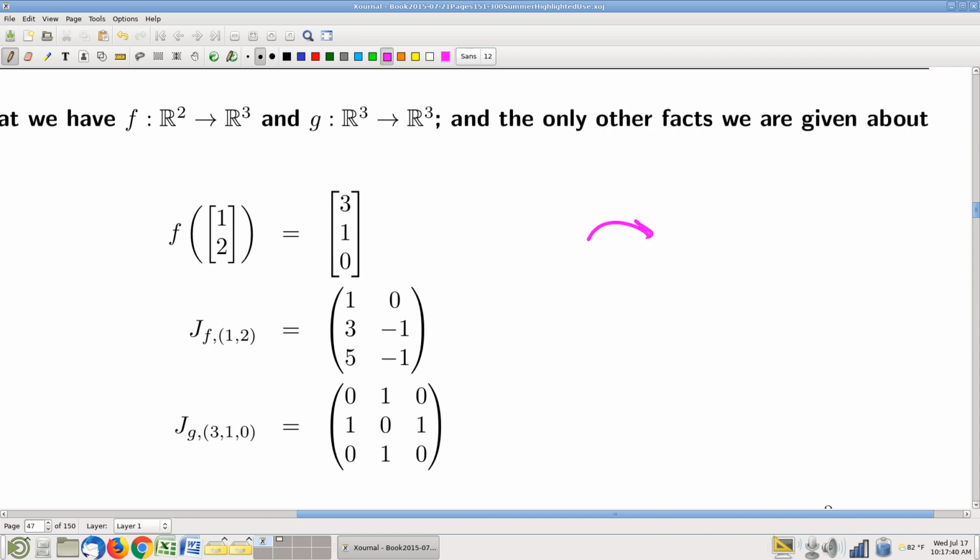We're looking at this composition. Let's see here, which function goes first? Here, let me color code. This is what goes into f, right?